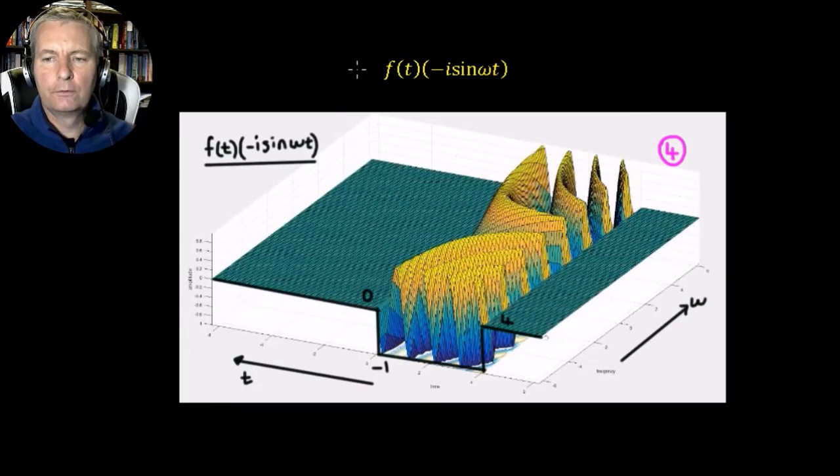Now we do the same for the sin omega t surface, and we'll see we've got our f of t multiplying that minus i sin omega t surface, and you can see that we have this square function here of height minus 1 and the distance along is 4, and it's modulating this surface here, which is our i sin omega t.